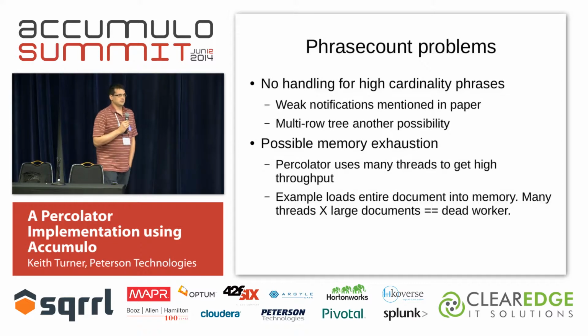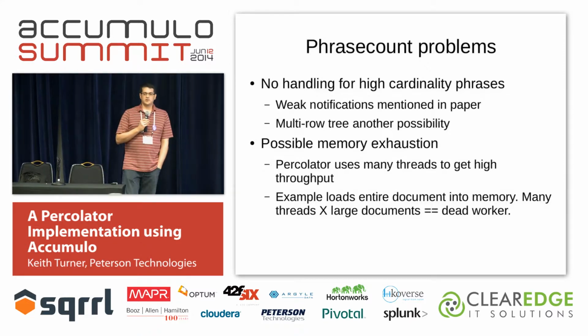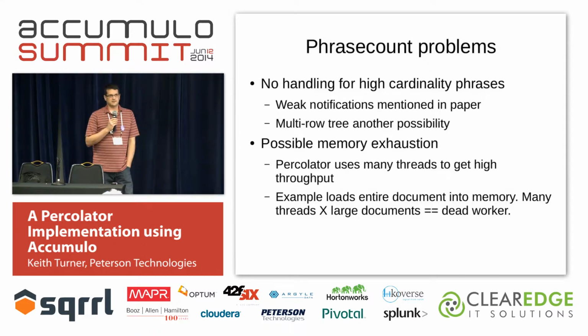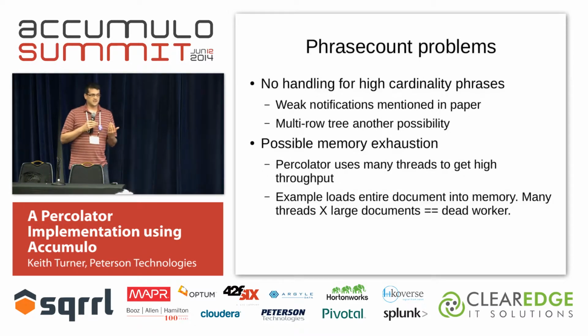If you were indexing the Apache website, you would see the phrase, the Apache Software Foundation, in almost every web page. And if you're running transactions and they're all trying to update that one count, the transactions are going to collide. So if you have 20 transactions, they all try to update the same count at the same time. One of them is going to succeed, and 19 are going to have to fail and roll back.